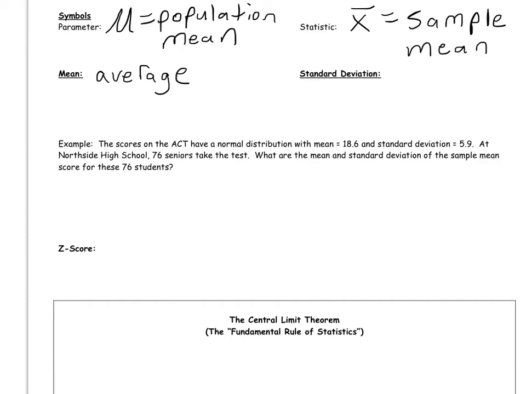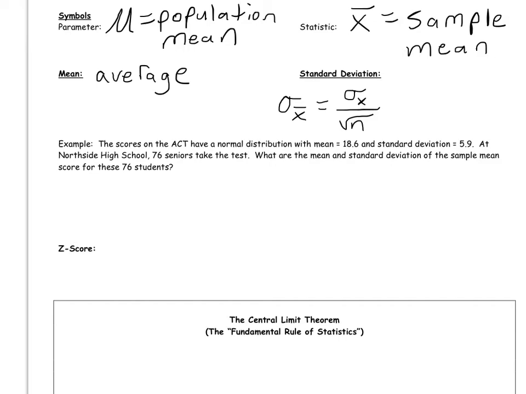So the standard deviation for the sampling distribution of the sample means is just going to be the original standard deviation divided by the square root of the sample size. But you'll notice both of the formulas have a square root of n in the denominator. So there's a lot of similarities here. In both cases, the larger the sample size, the smaller the standard deviation, since the sample size is in the denominator.